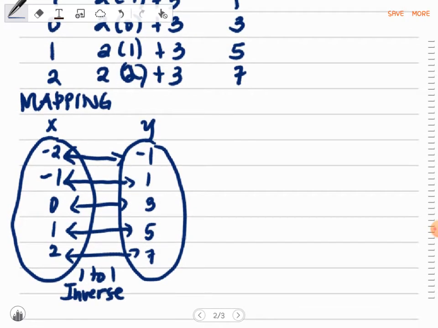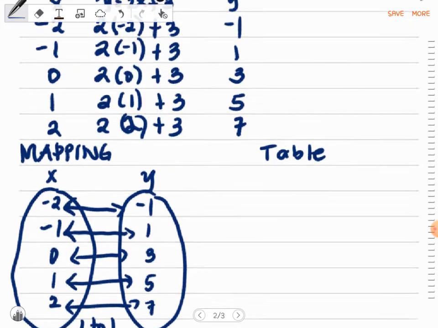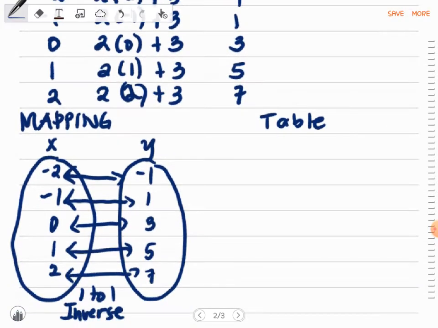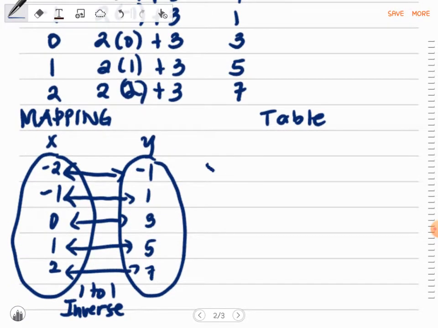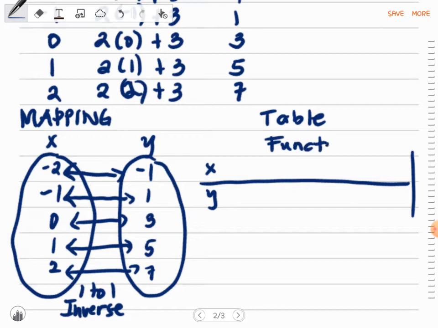Okay? Now, in a table, we will represent the given using a table of these values. So we will just write x and y for our function. So this is a function, or it is f of x.